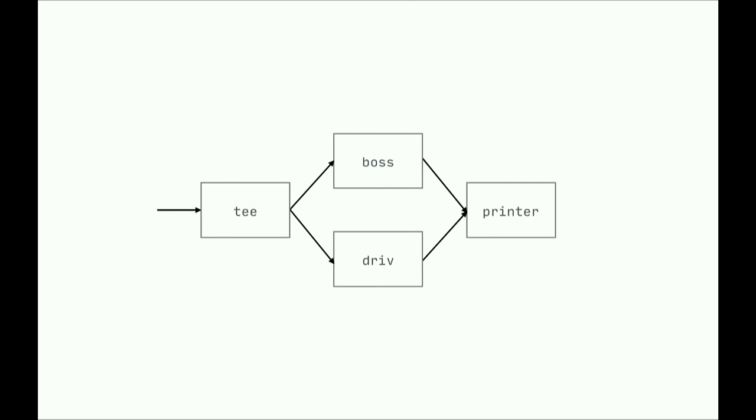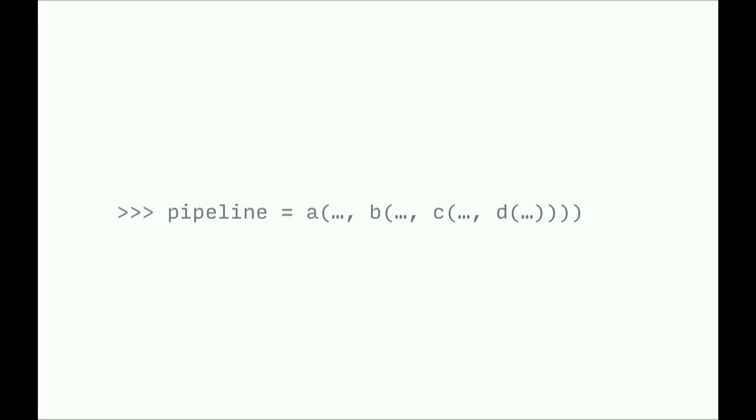And here's a visual representation of this. Values coming in on the left, getting sent to both boss and driver, and then potentially coming back down to printer at the end. So now for something a bit which you shouldn't do. Our coroutine pipelines, even when they're fairly simple, tend to look a bit like this.